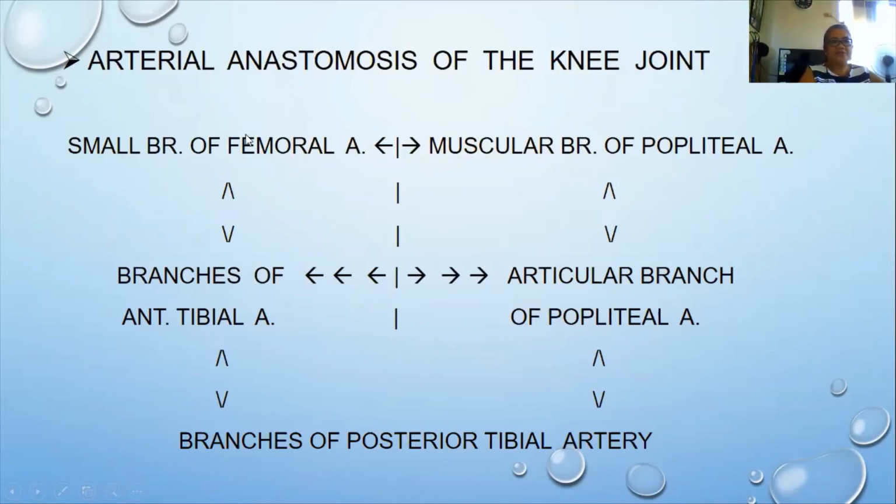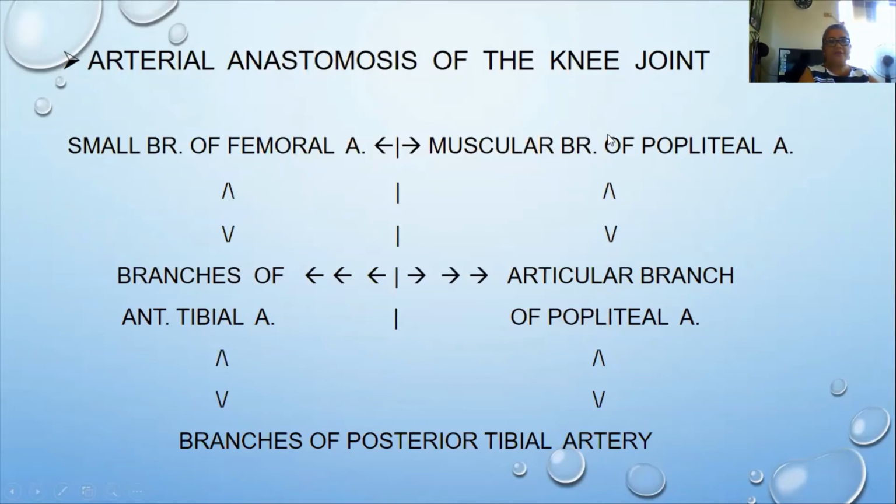So in the anastomosis, you have a small branch of the femoral artery anastomosing with branches of the anterior tibial artery and the muscular branch of the popliteal artery. Your muscular branch of your popliteal artery will be anastomosing with your small branch of the femoral artery and the articular branch of the popliteal artery.